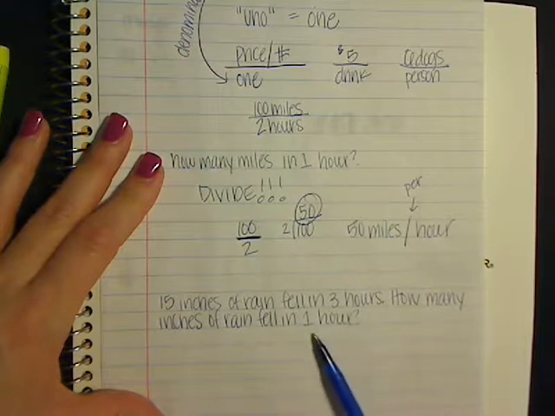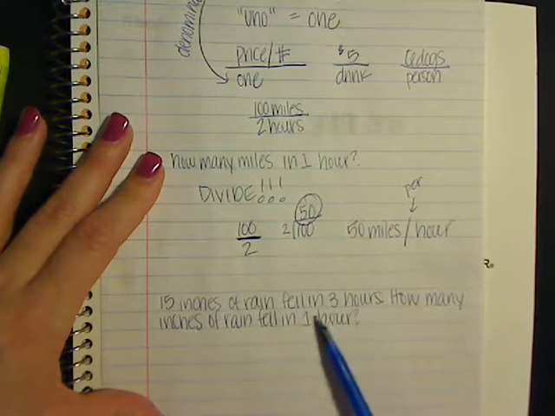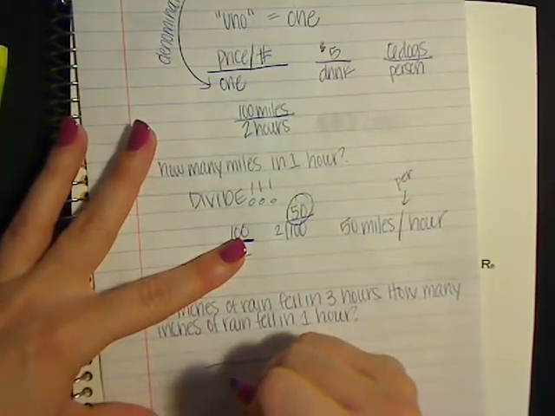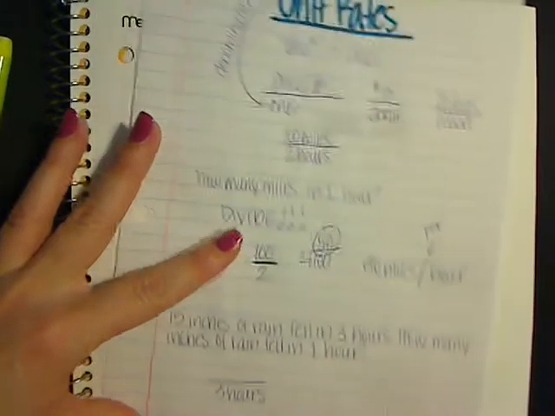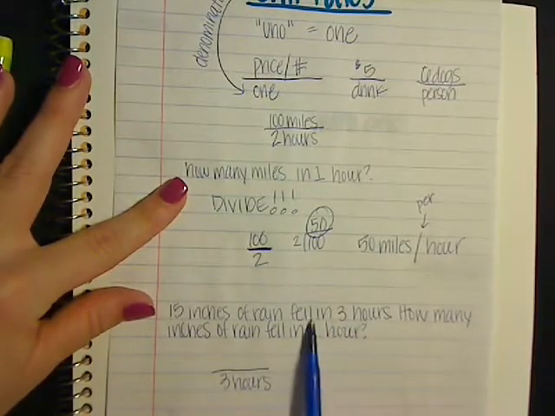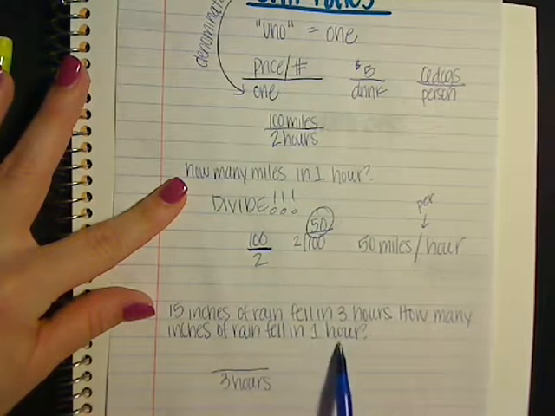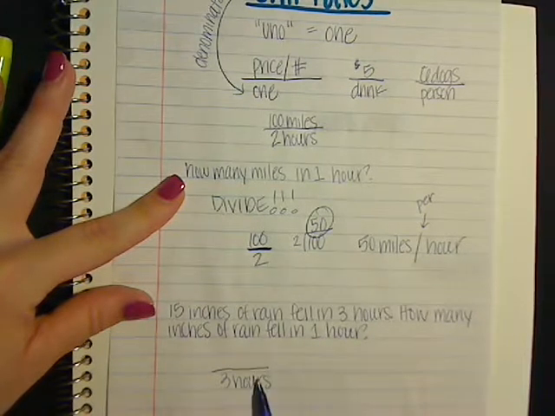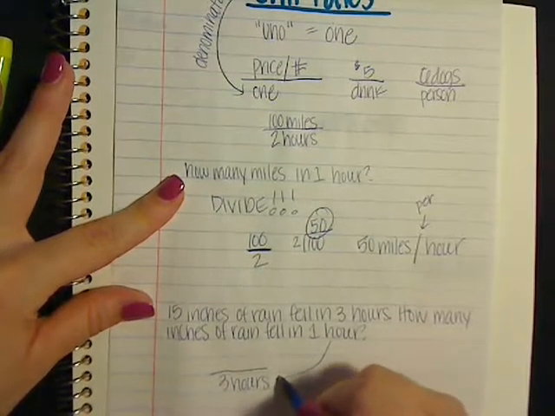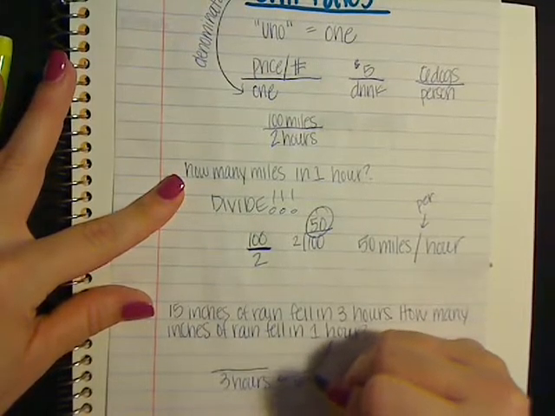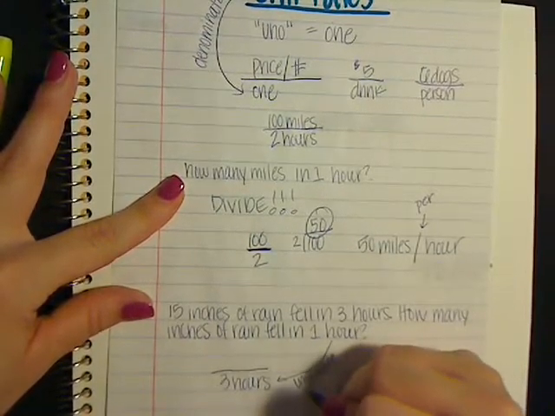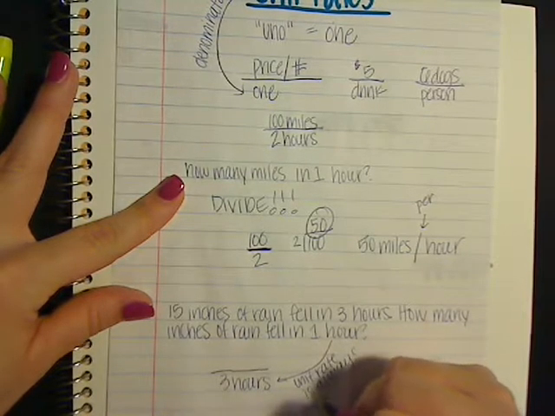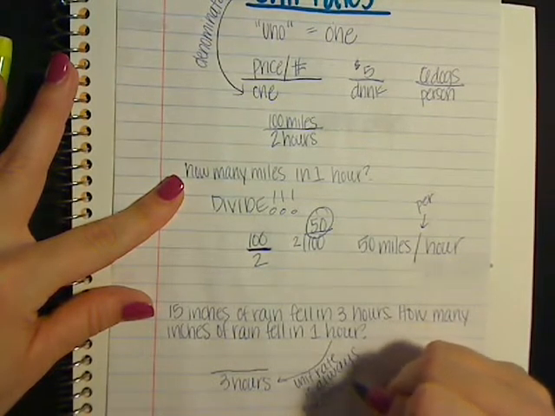Okay, so my unit rate, or what I'm trying to find, is for 1 hour. So I need hours to be on the bottom. Remember, whatever unit rate you're trying to find, I want to know for every 1 hour. So my unit rate is hour. Hours needs to go on the bottom. Unit rate is always the denominator.